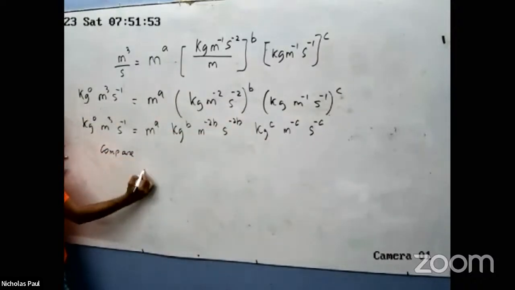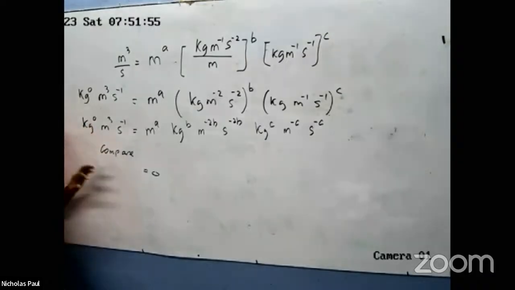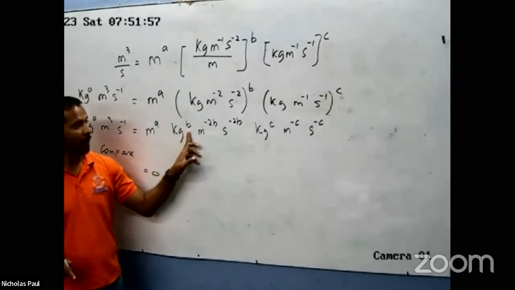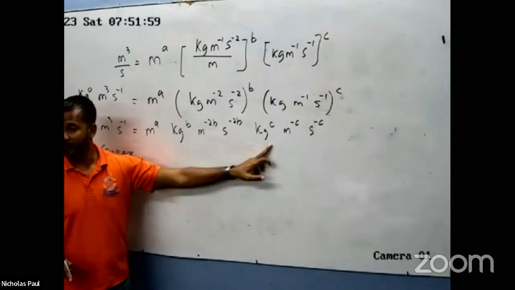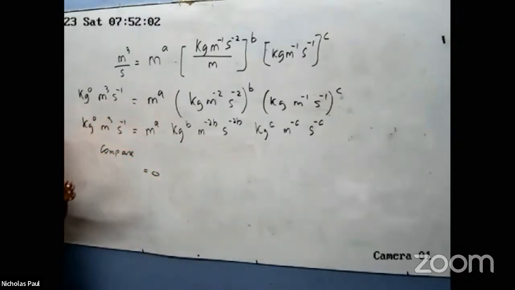Compare. So 0 is equal to what? b plus c. See that? Multiplying, so you add the powers, right? b plus c. Next one is what?